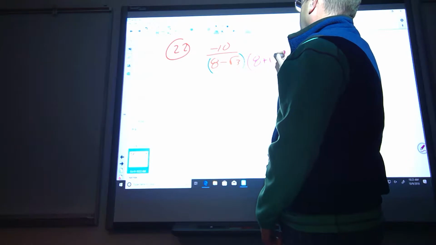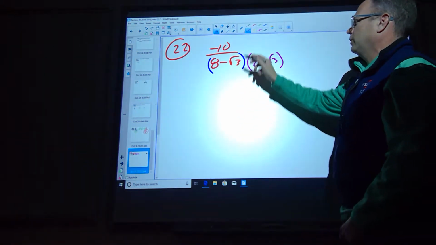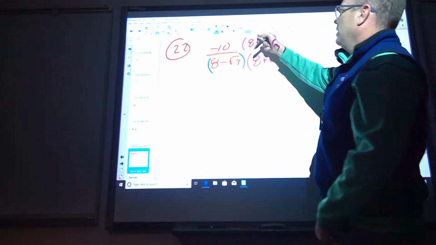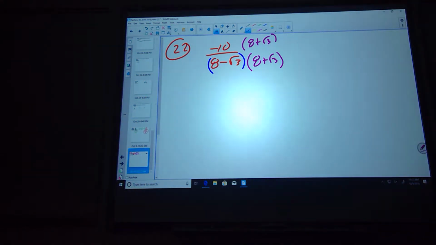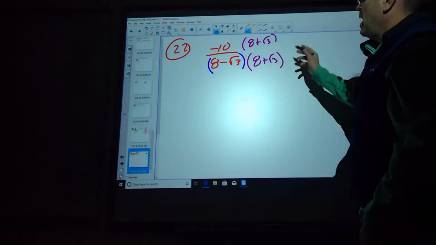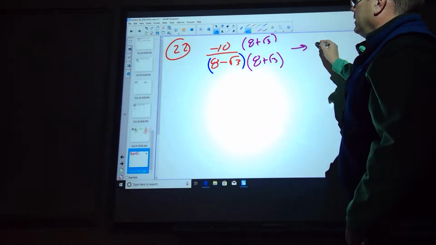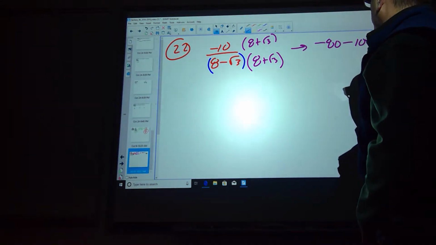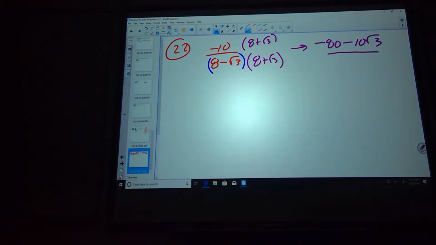So the conjugate of 8 minus root 3 is 8 plus root 3. You have to multiply both top and bottom, because if you multiply top and bottom, it's the same thing as multiplying the fraction by 1. So you're not changing the fraction. So on top, I'm going to get negative 80 minus 10 root 3. Is top okay so far?